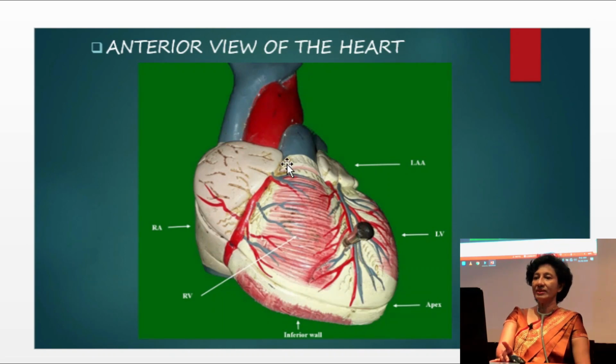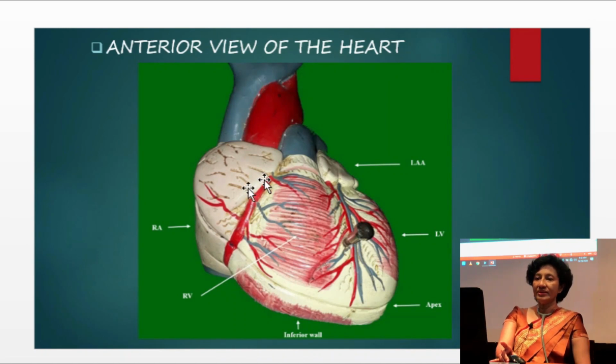Then further to the left, you can see the left atrial appendage. In the anterior view, you can see only the left atrial appendage. You can't see the left atrium proper.